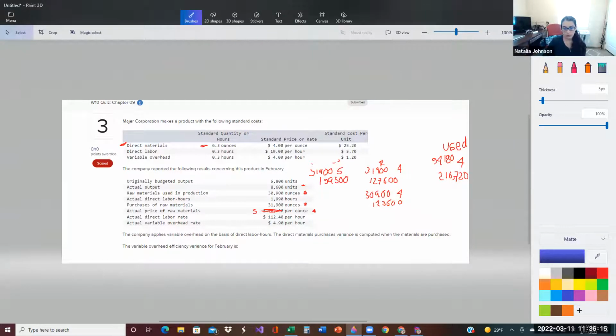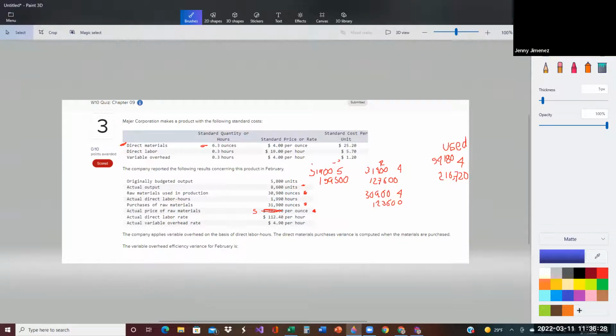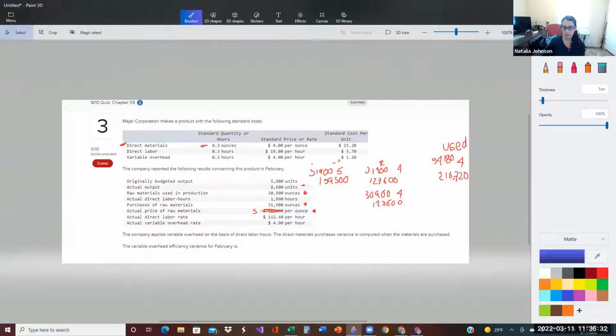So what is the materials price variance? Is it column 1 and column 2 subtracted, or column 2 and column 3 subtracted? 1 and 2, right? Yeah, because the price here is price 5 and price 4, and it's based on the purchase.